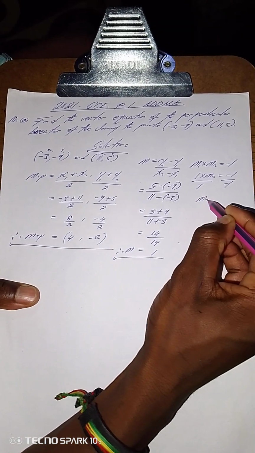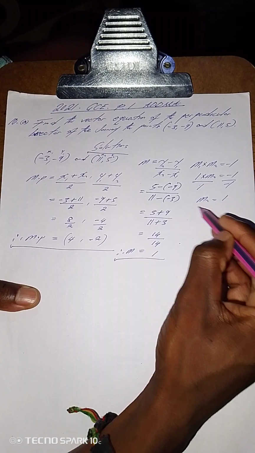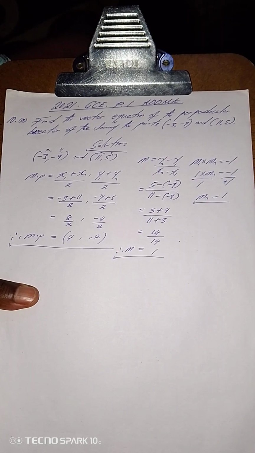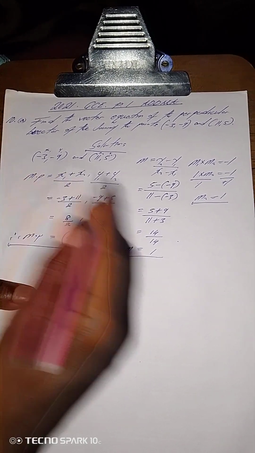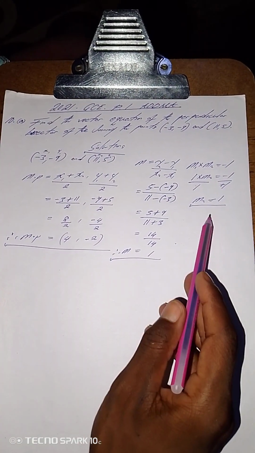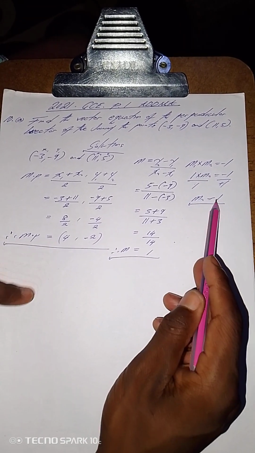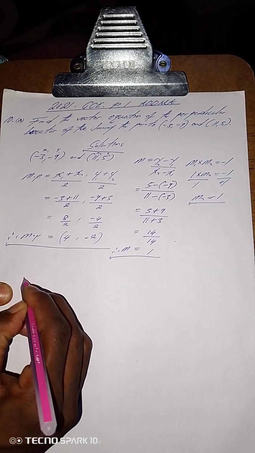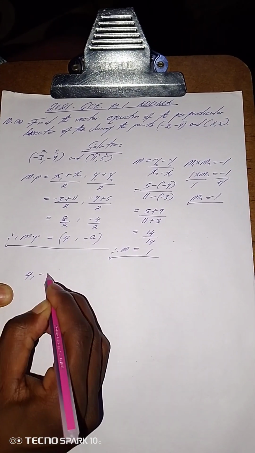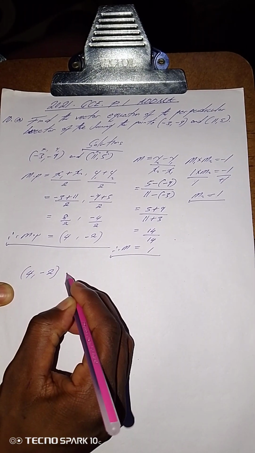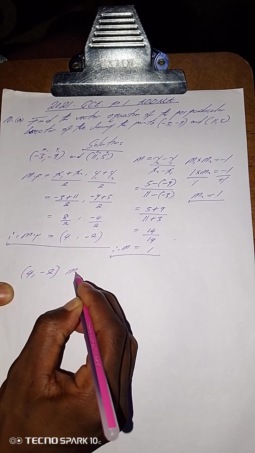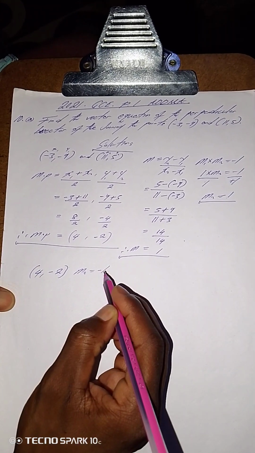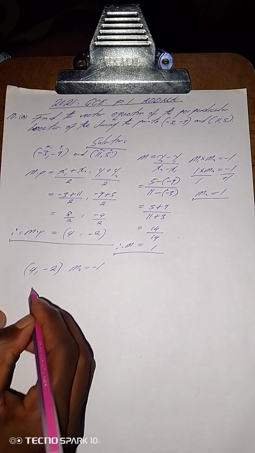So m2 equals -1. So now you have the gradient of the perpendicular and the midpoint. You get these two here, 4, -2, and the perpendicular gradient is -1.